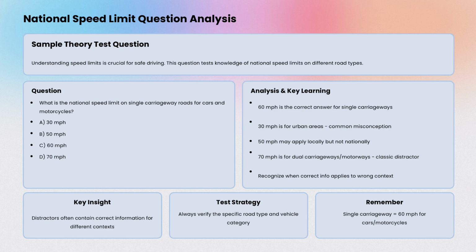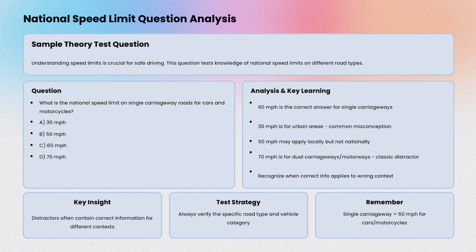Let's analyze. A, now 30 miles per hour. Yeah, it's commonly known as the speed limit for urban areas, but not a national limit for single carriageways. B, 50 miles per hour. Used in some areas, but not the national limit. 60 miles per hour is the correct answer. 70 miles per hour, now this is a distractor.